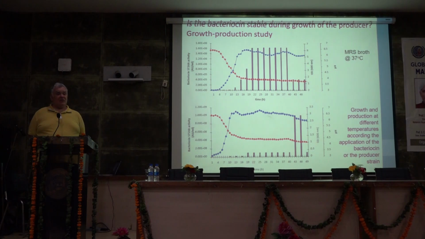More or less, Enterococci below 15, they don't like cold temperature. Lactobacilli below 20, it's not so easy. Going up, Streptococcus thermophilus, 43, 44. But if you go higher, they will not be happy. I mean, they have their preferences, and we need to respect their physiological needs.